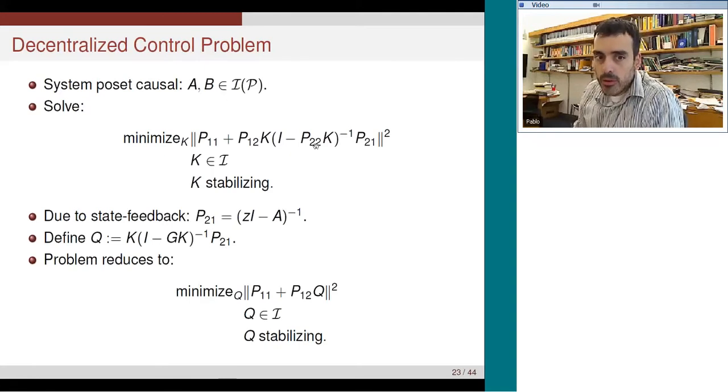The consequence is that I can write this problem in the following form: I'm minimizing P11 plus P12 Q. That's exactly this when I replace Q by this expression, and I obtain this. And by the same argument as before, I can translate structure in K into structure of Q, because all this stuff is in the algebra, so it's preserved under the natural operations.